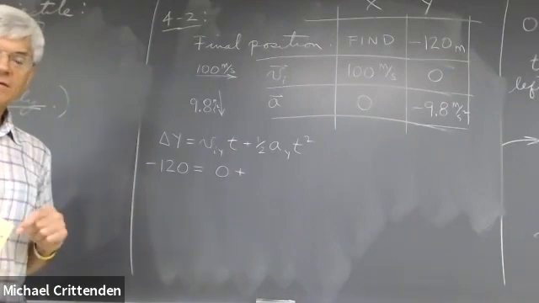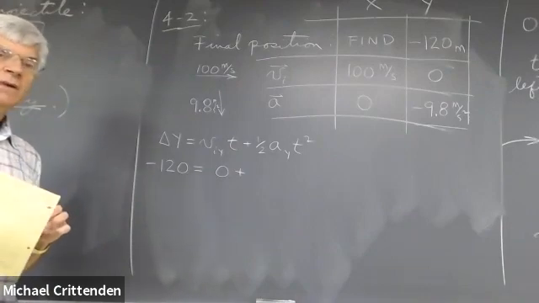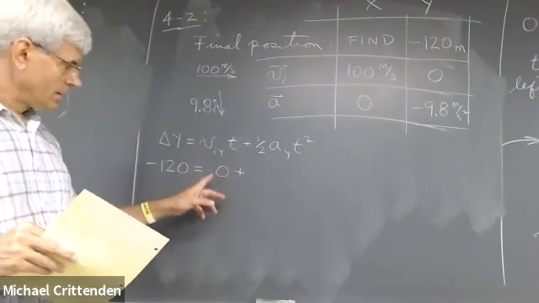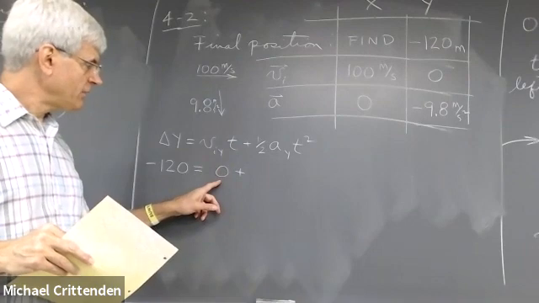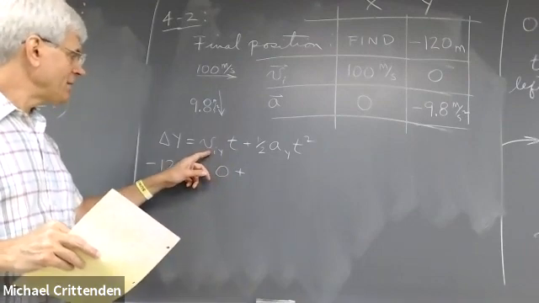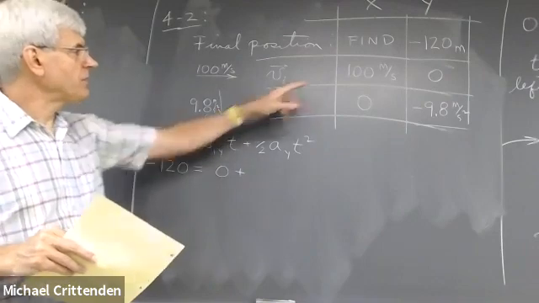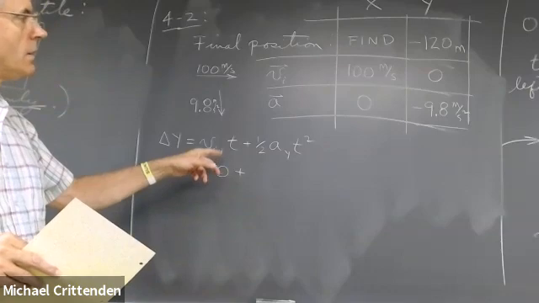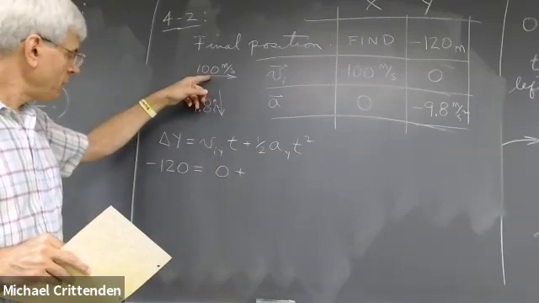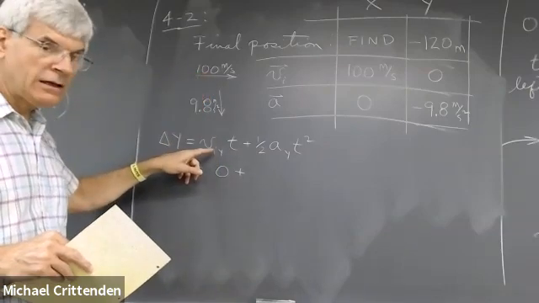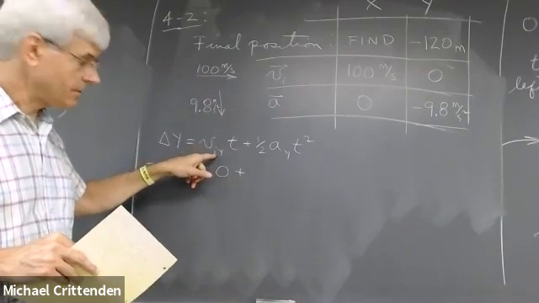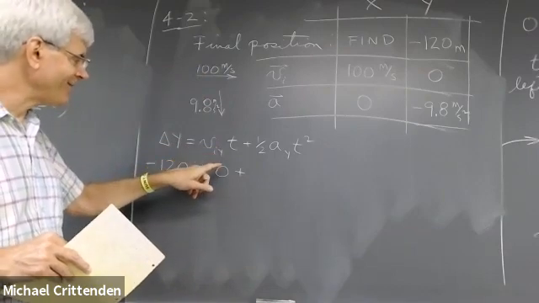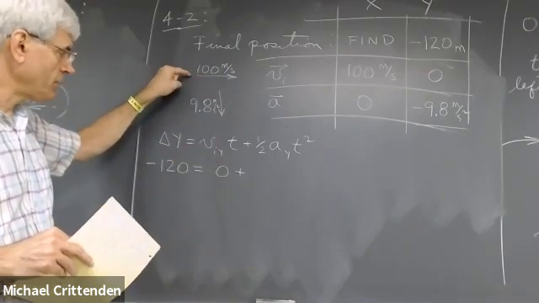And just to repeat myself, because if I repeat myself enough, maybe somebody will remember. Typical mistake in this kind of problem, somebody says, I need the initial velocity. The initial velocity was 100 meters per second, and they put that in there. X components do not belong in the y equation. Okay, the y component of the initial velocity is 0 because it was fired horizontally.